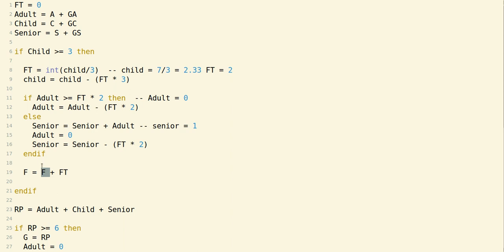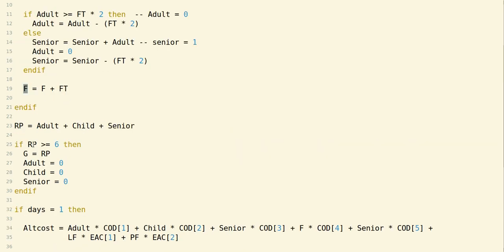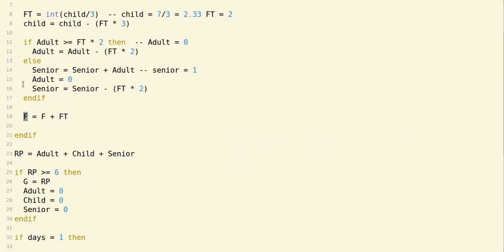So we have combined both of them together to form one value in F. At the end, this would be used to compute the total cost as an alternate cost, and we're going to check whether it's less than the total cost that we computed in task 2.